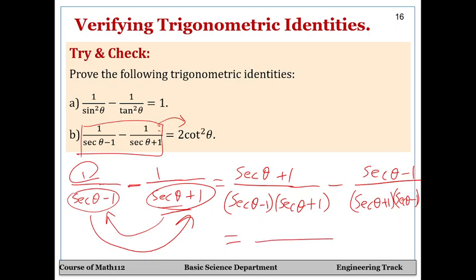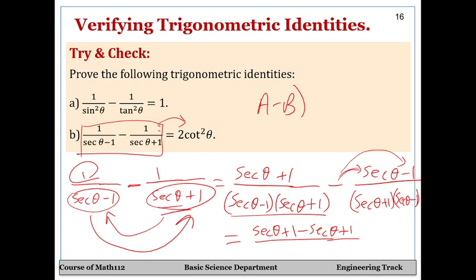So then what we have is secant theta plus 1 minus, okay, you can remove the parentheses and just be careful about this minus here: minus secant theta, and with this minus again it will be plus. And here this multiplication is something like this.